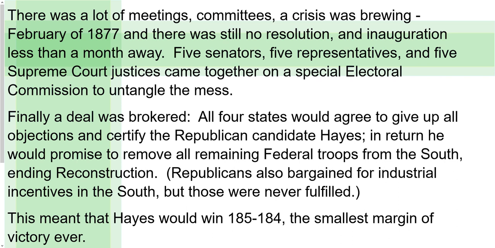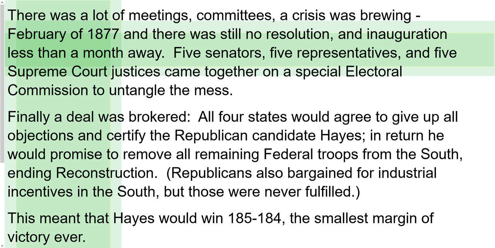That's huge. That's a heck of a deal. Now, Tilden, for his part, being the Southern Democrat, he probably would have removed it too, but the government was not going to put a Democrat in the White House, not at this point.